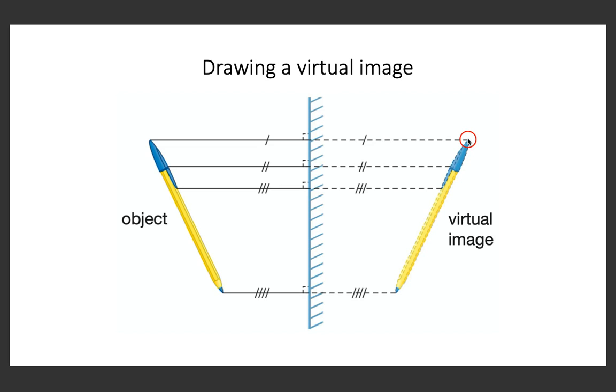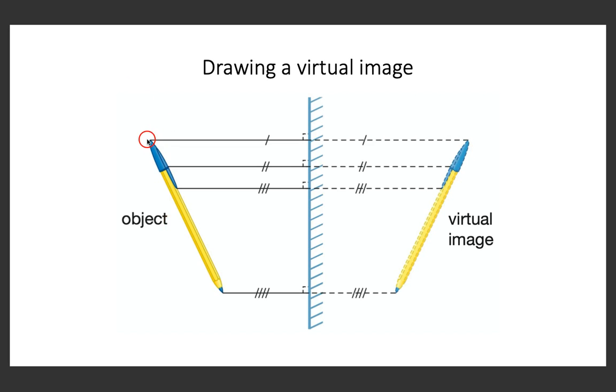Now, you are going to have an opportunity to practice drawing some images that are created from flat plane mirrors. You might think that this is quite a simple thing to do, but students sometimes get mixed up whenever they're drawing the reflected image.